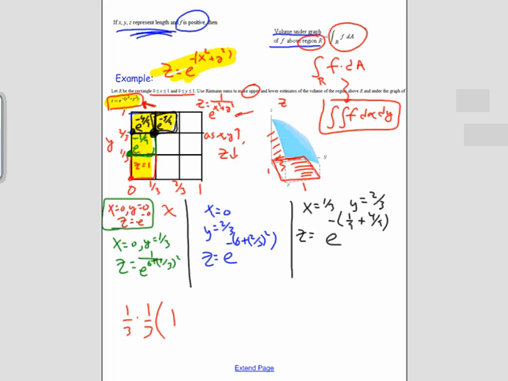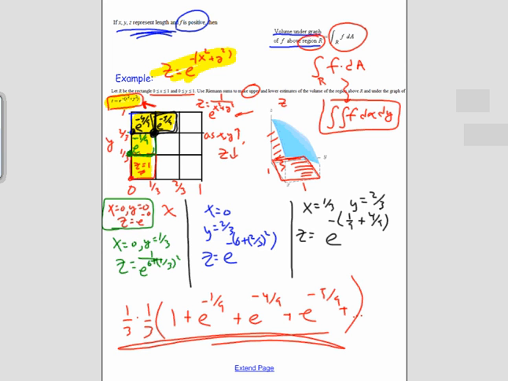So my first box had z equals 1, plus e to the negative 1/9, plus e to the negative 4/9, plus e to the negative 5/9, plus, and so on. This is the volume under the curve of this sectional couch.